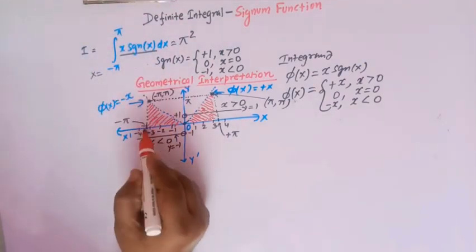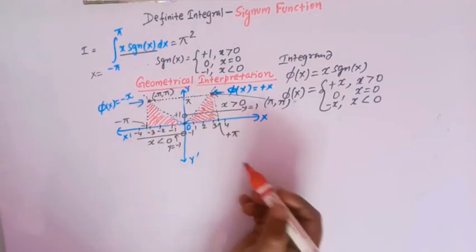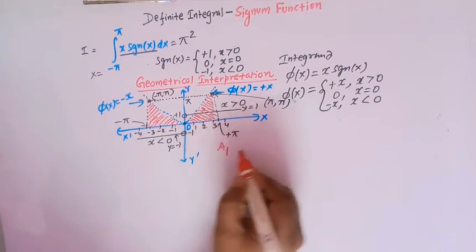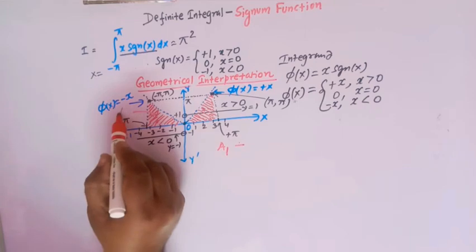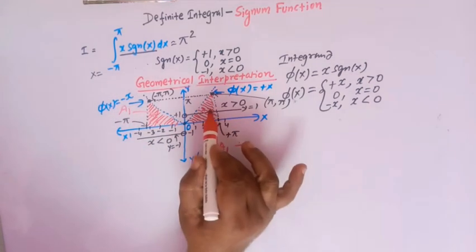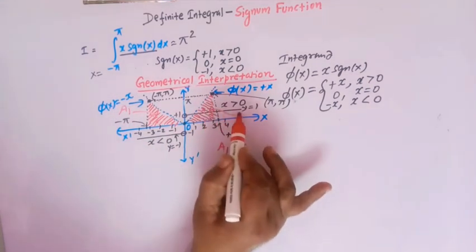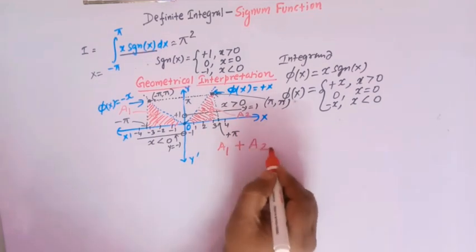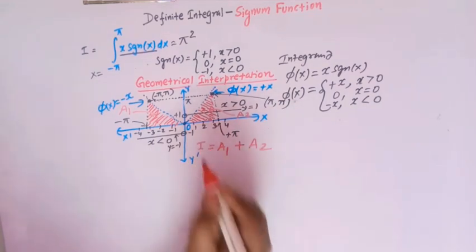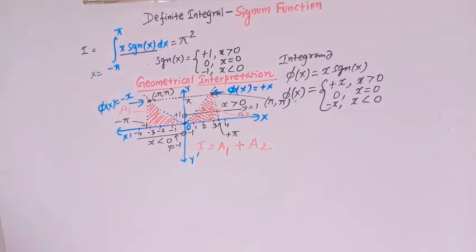So we have this triangle, whose area can be denoted by a1, and the area of this triangle can be denoted by a2. So the value of the integral I can be given by the sum of these two areas.